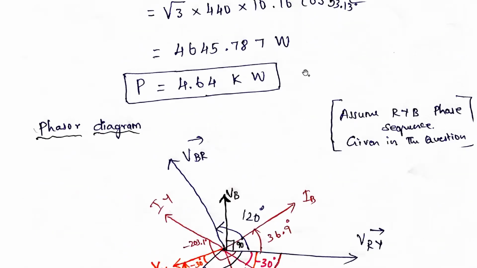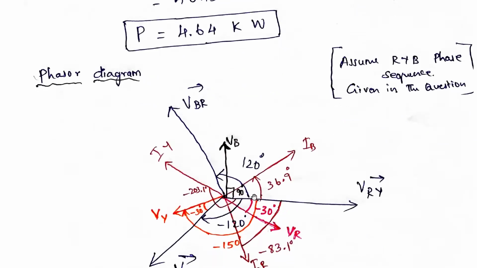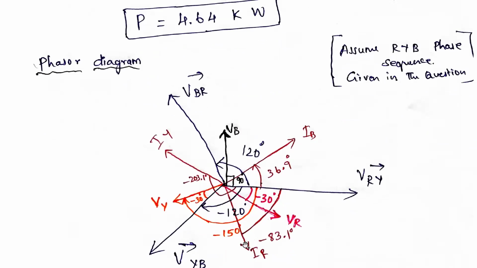So first, IR is minus 83.13, approximately minus 83, because up to this is 120. So we mark this as minus 83.1 degree, that is IR.